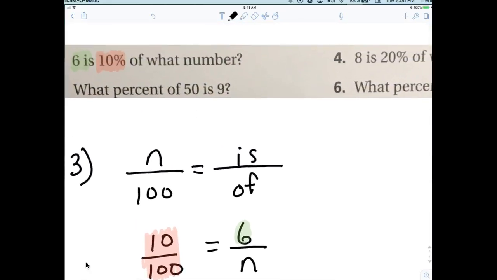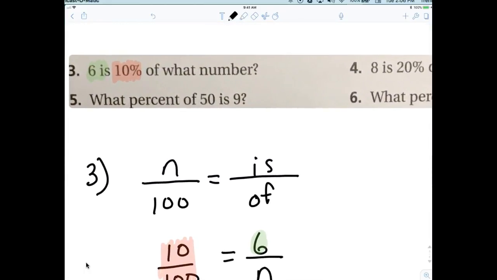So listen, we're not finding a percent this time. We're finding a number. 60 is the number. You with me? We're not finding a percent. Sometimes you find a percent, sometimes you find a number. A percent is part to whole for sure. I think everybody knows that.